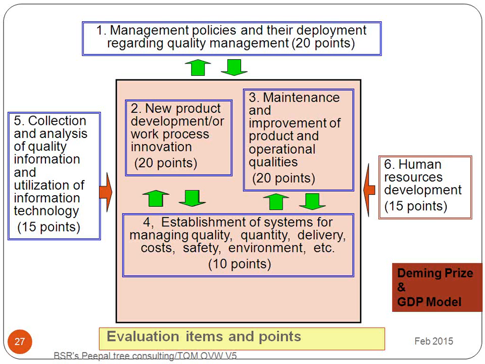The basic systems that are required for different aspects of business are represented by box number 4, and how these systems are in practice is seen in the maintenance and improvement of product and operational qualities. By maintenance, it means routinely how do you sustain, and the innovation aspect, the freshness aspect in new product development, and the principle of data and facts.